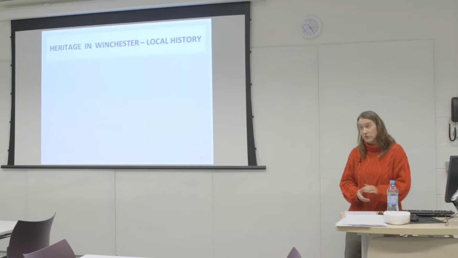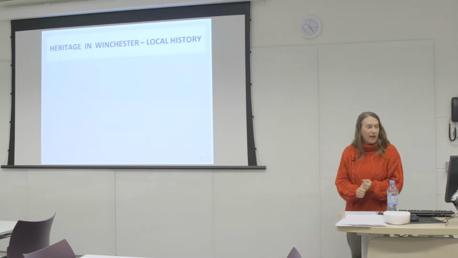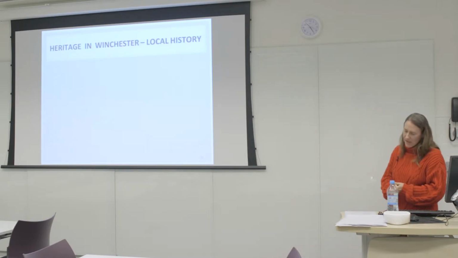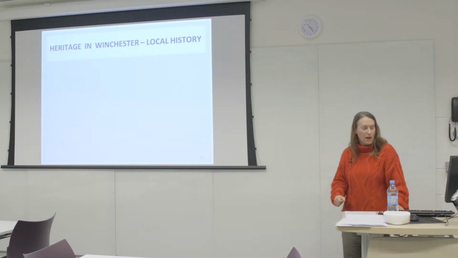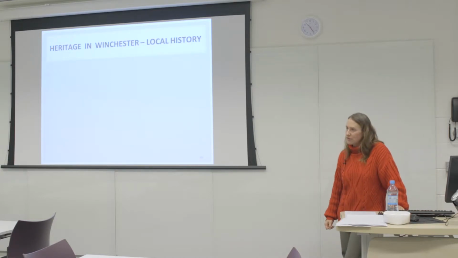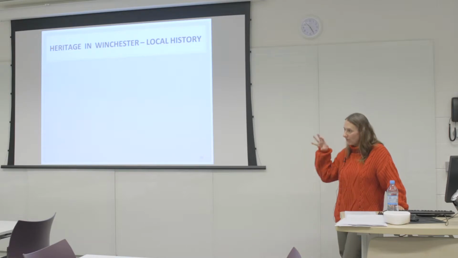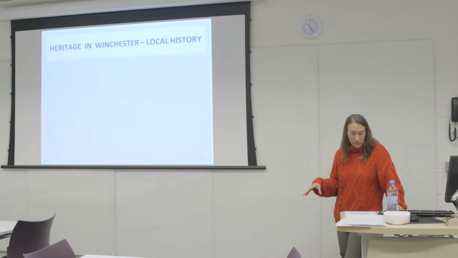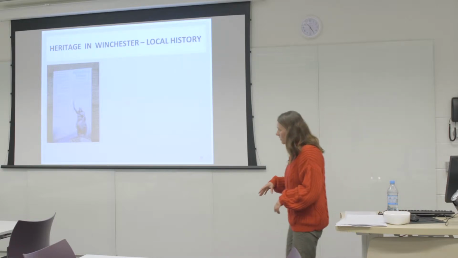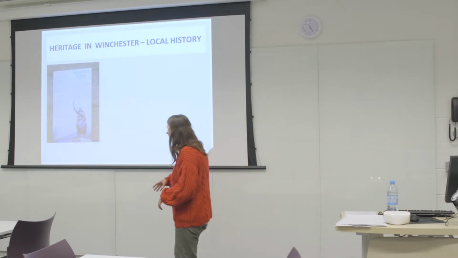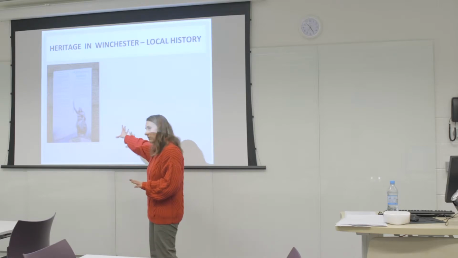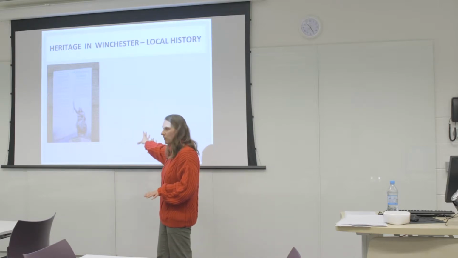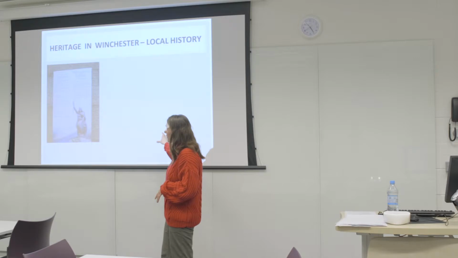Okay, now for the interesting bits with the photos. So when we looked at heritage in Winchester, we found that we're largely looking at heritage of the actual place. So you have images dotted round about. This is kind of material that's typical for linguistic landscapes in the traditional sense.